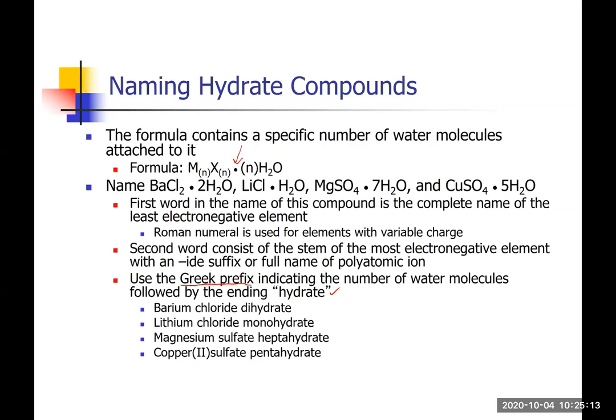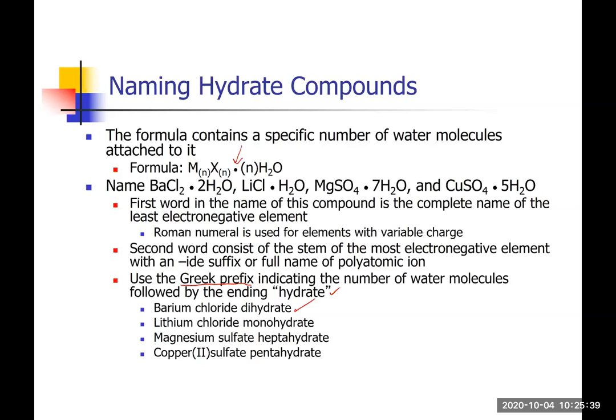And then we use the stem of the most electronegative element, and we add the IDE suffix, so that is barium chloride. We're going to use the Greek prefixes to depict how many water molecules we have. So 2 is di. And then lastly, we add the word hydrate. So BaCl2, 2H2O is barium chloride dihydrate.